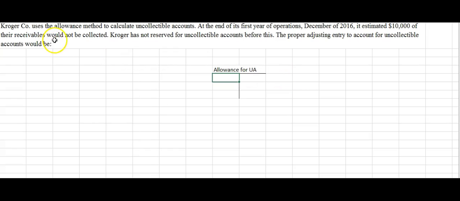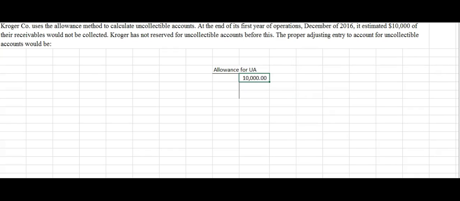And it says that I estimate that $10,000 of my receivables are not going to be collected, right? This is a contra asset account, so I want this to have a balance of $10,000 here. I want to have an allowance of $10,000 here because that's what I estimate I'm not going to collect in the future, but I want to book it today, right? What's my offset? My offset is going to be bad debt expense, right?